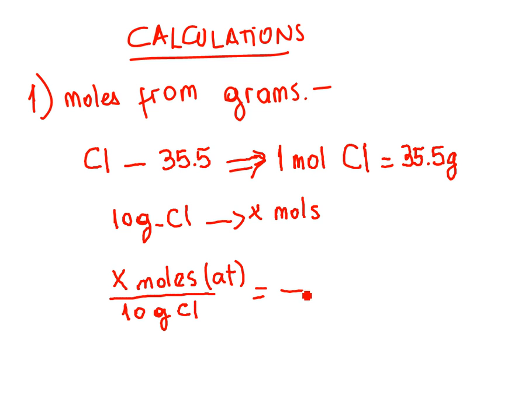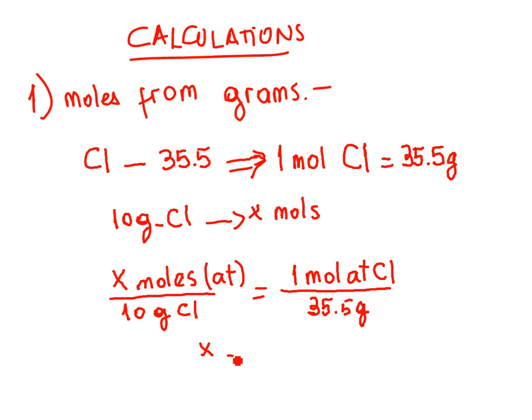And we know that in 1 mole of atoms of chlorine we have 35.5 grams. How do we know that? Because this relationship is the one that we get from the periodic table. Okay?